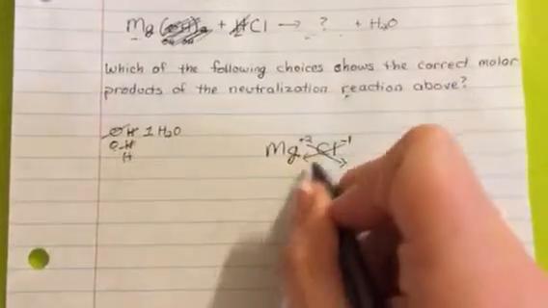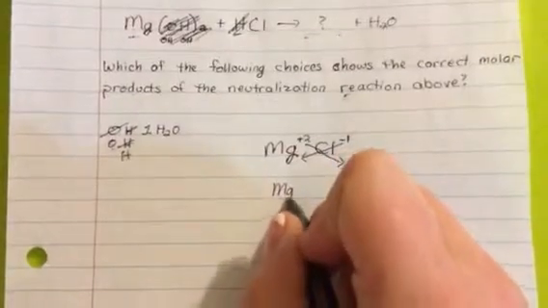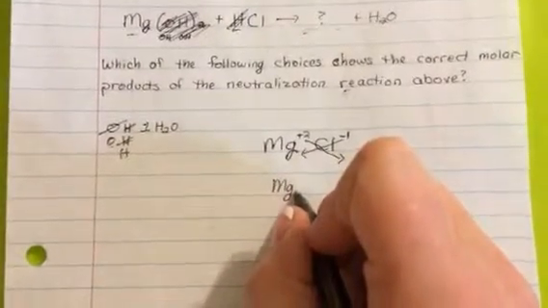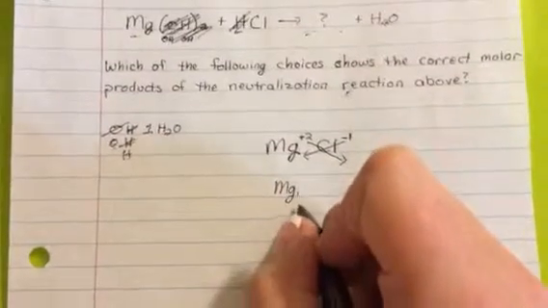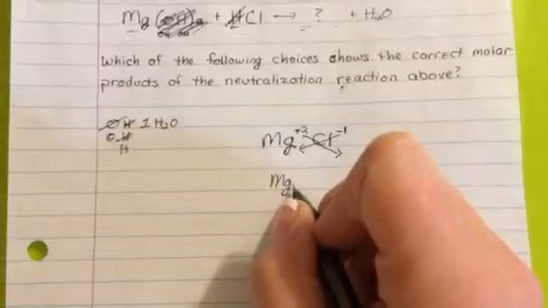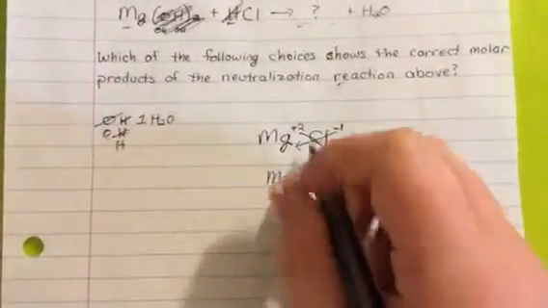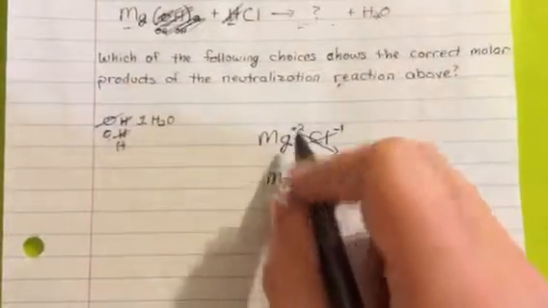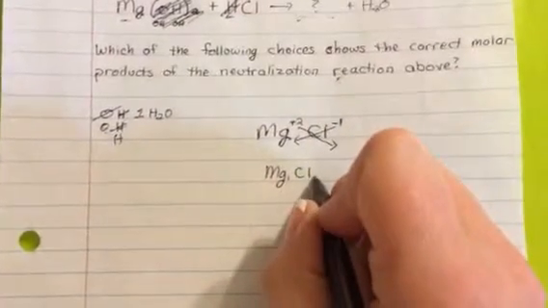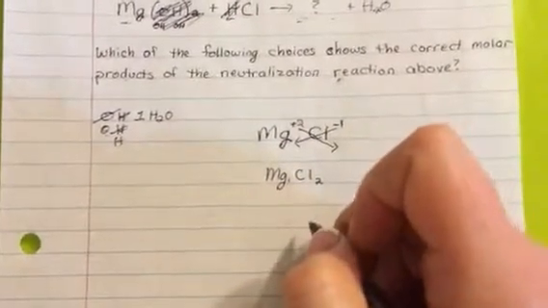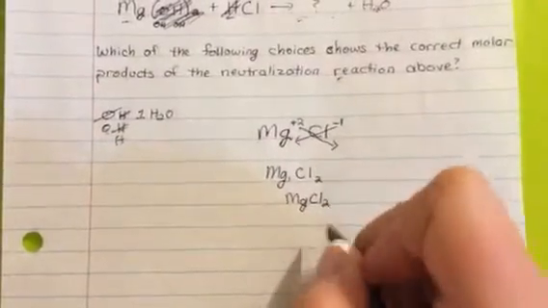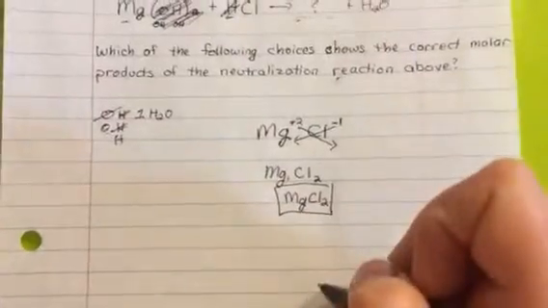You carry down your Mg. You don't have to write a 1 charge, but if we did, it would look like that. 1 is a given. We carried the 2 from up here down over here, so we write a 2. So really our salt is MgCl2.